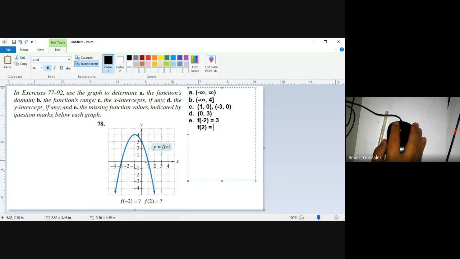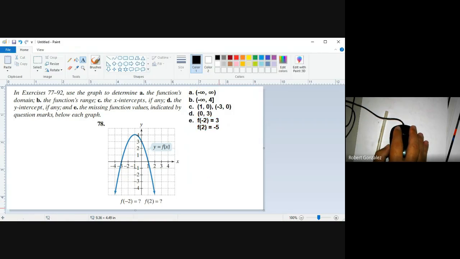I'm going to go over here to 2, and I'm going to go down to the graph. It looks like it goes to negative 5, right at the tip of the arrow. 2, negative 5. So if you look at these two right here, this is another way of writing an ordered pair. Input, output. Negative 2, 3, 2, negative 5. And that's it.